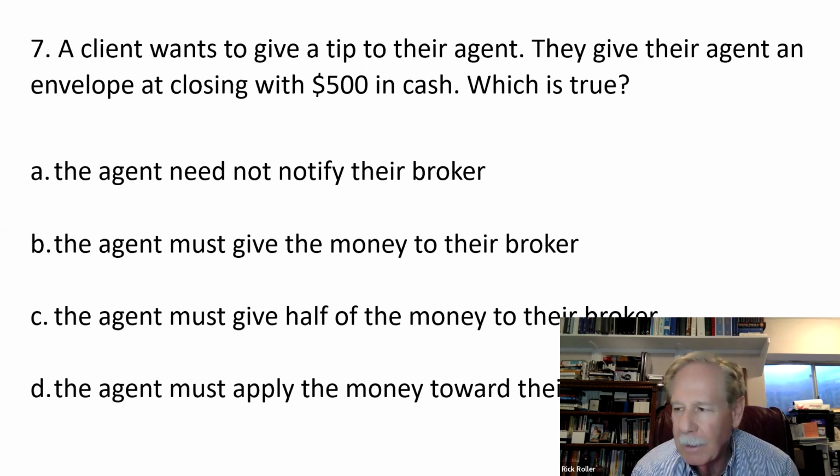I had a client that gave me a Mercedes Benz. I mean, I did real well for that client, and I always admired his little two-door Mercedes. And he drove up one day and handed me the title, because it was a bonus. So did I have to let my broker know? Yeah. Well, lucky for me, I was the broker.